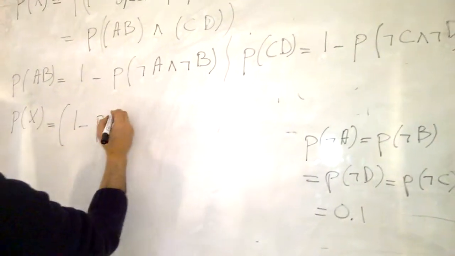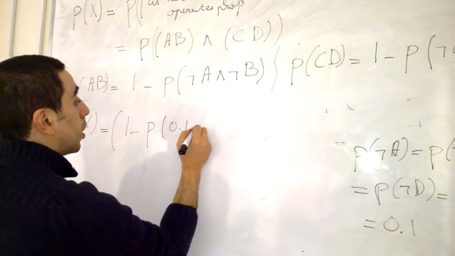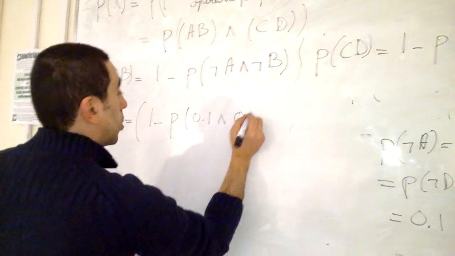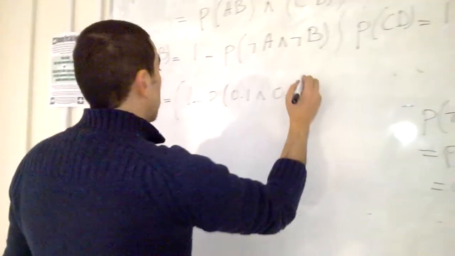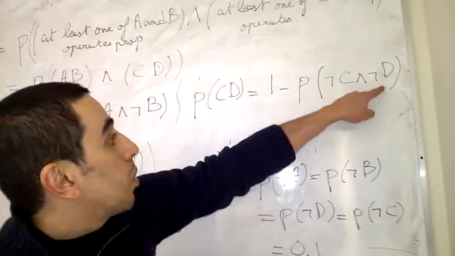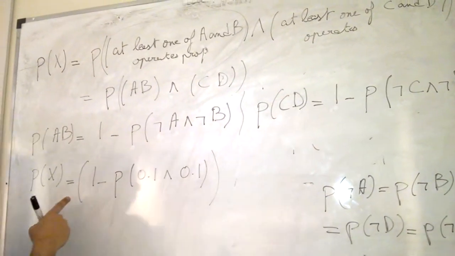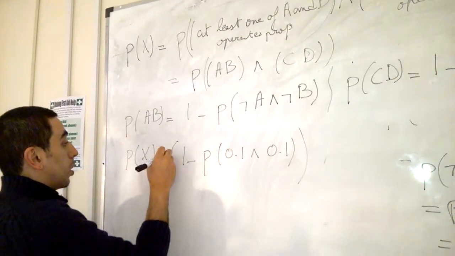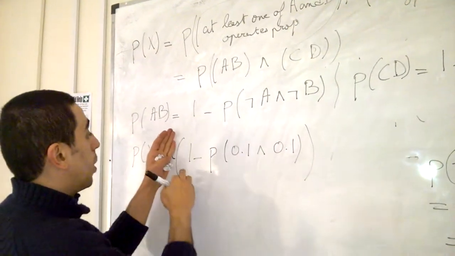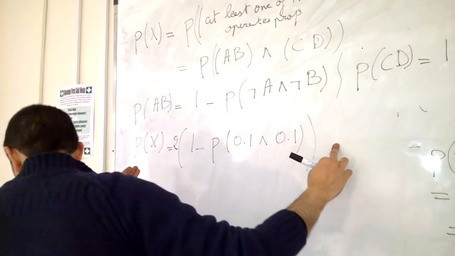So 0.1 and 0.1. It's the same because not C and not D is equal to not A and not B. So I just multiply it with 2, right? To be quicker. Because here we'll have a plus, right?